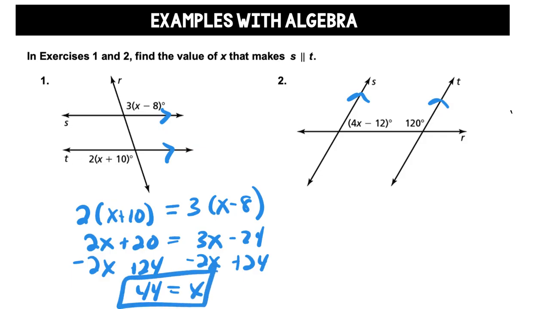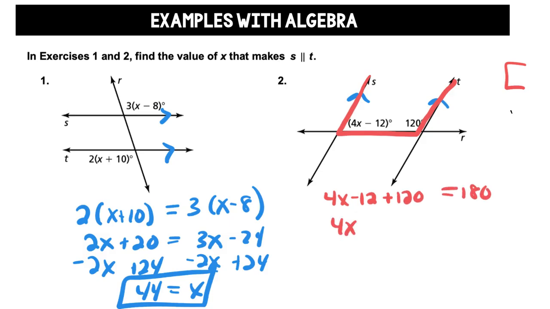In this next example, notice how they are not corresponding. They're not alternate interior. They are not alternate exterior. They are C to C, right? If you rotate your page 90 degrees, you'll see that C, right? Those are consecutive angles and they have to add to 180. So you should be taking both angles, adding them up to equal 180. So combining like terms, we end up getting 108.